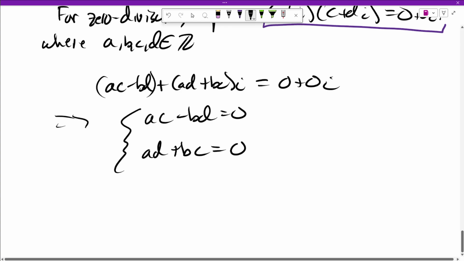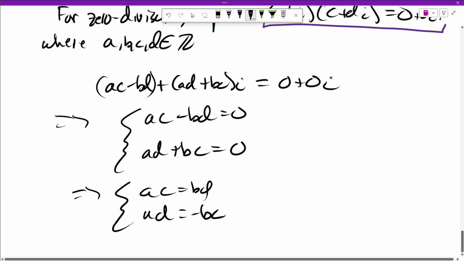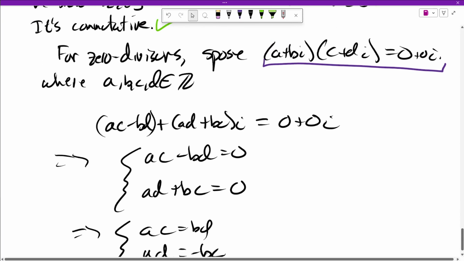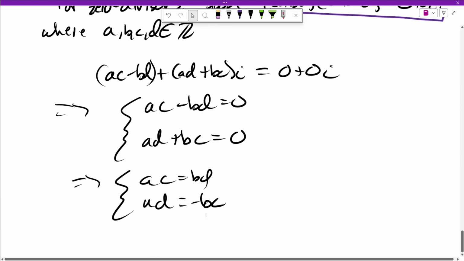This system of equations is really the system ac = bd, ad = -bc. And we're going to go into a cases argument, because what we're trying to deduce is that the only way to have a product being 0 is if one of these, a plus bi or c plus di, is 0.